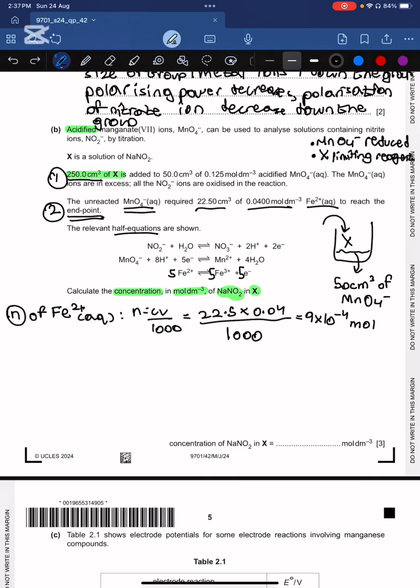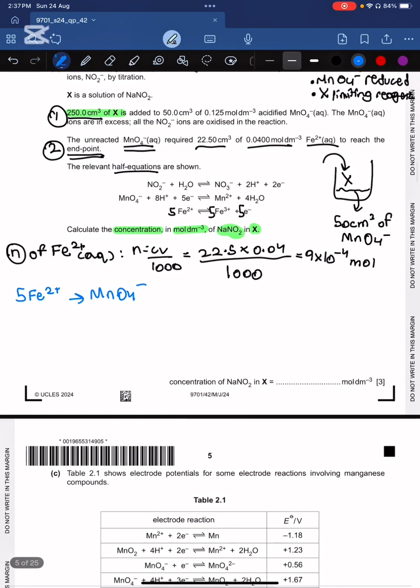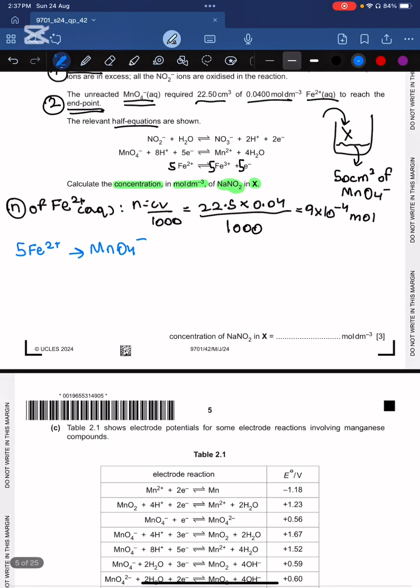Let's just write this here. If the moles of 5 Fe2 plus were 9 into 10 to the power minus 4, I want to go to MnO4. This is not a chemical equation, this is simply a mathematical equation. This is not a reaction that is taking place.